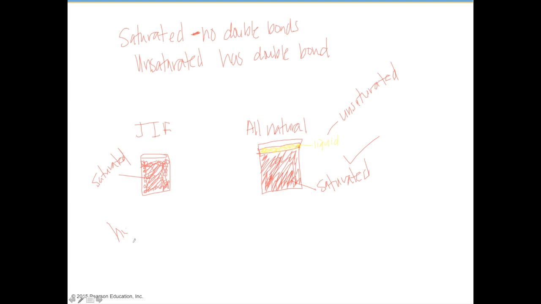It's called hydrogenated. This yellow here would have bonds that look like this, you know, the double bonds. When you hydrogenate it, you break that bond and you saturate it with as many hydrogens as you can. When you do that, it's not natural, it's not healthy. That is what leads to trans fat.